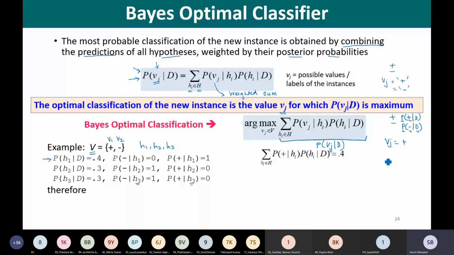For the positive class, what are we trying to do? Probability of positive given Hi.